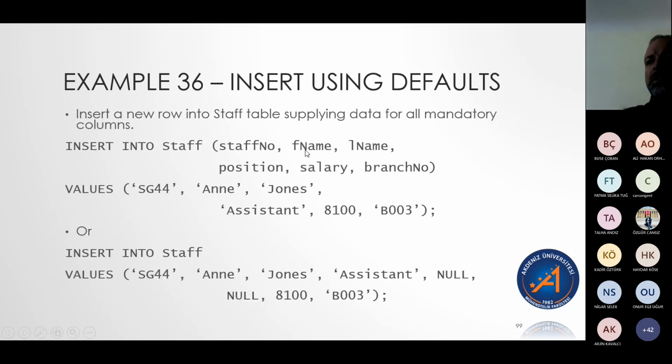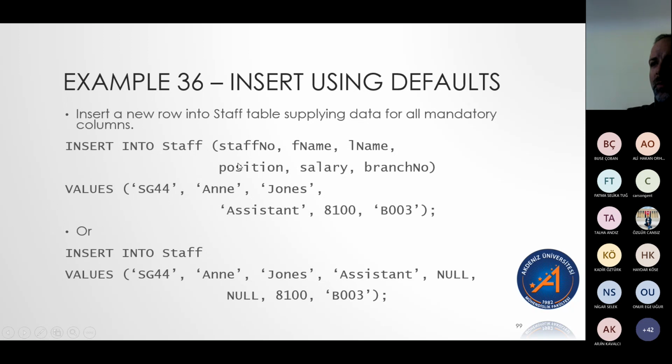We can also insert using defaults. So here we can say insert into our staff table, but we're only going to insert these particular columns, and we're going to be null for the others. Sex and birthday, date of birth, right?